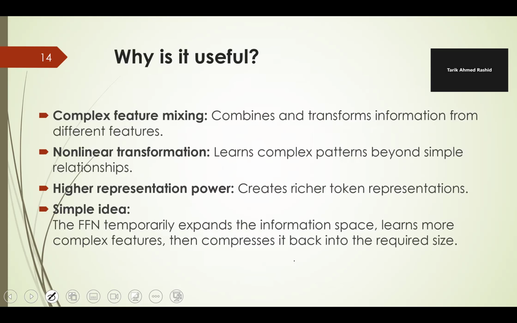Why is this operation useful? We said we will be transforming information from different features, from 4 to 6 and from 6 to 4. There was a nonlinearity, ReLU, which deals with complex patterns, and also higher representation power. So the tokens will have better representation, better understanding of each other.